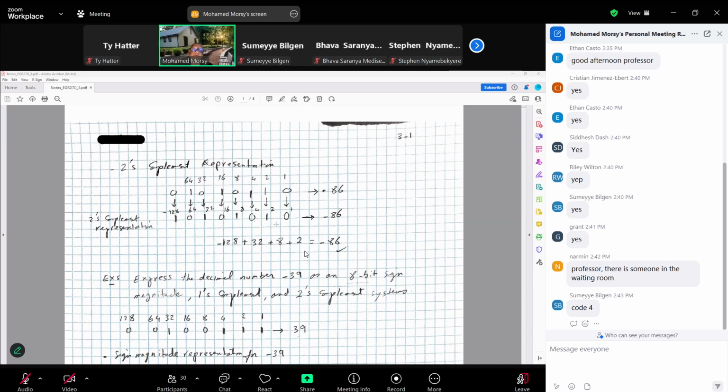In two's complement, how do we get the two's complement format for this number? We copy the bits until we reach bit 1. The first bit 1 we reach, we copy bit 1 as it is, and then invert. So here we have 0, so we copy 0.